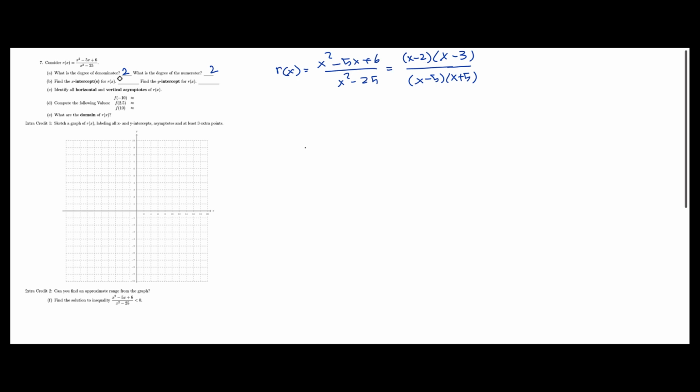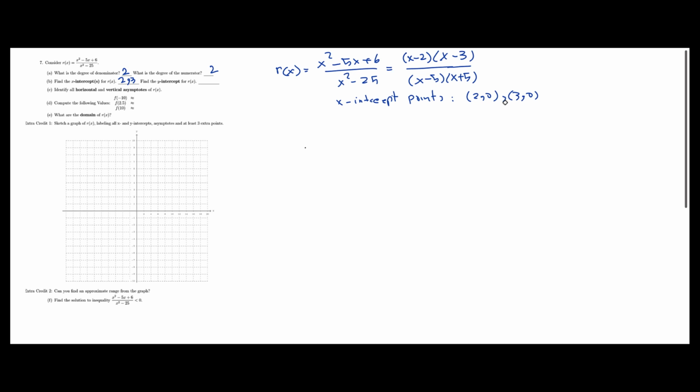And so what I have is x equals 2 and x equals 3 are the values of the x-intercepts. That's x-intercept points are (2, 0) and (3, 0).